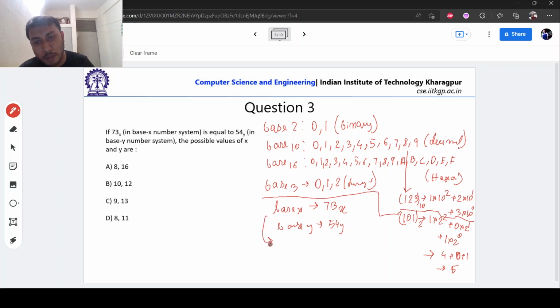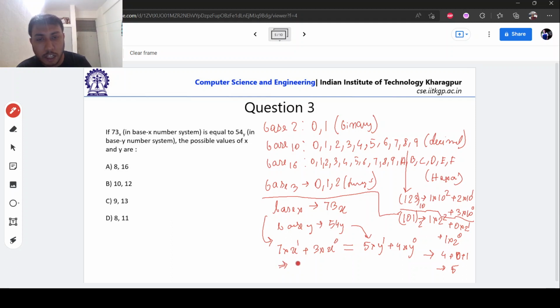The decimal of 73x can be written as 7 into x to the power of 1 plus 3 into x to the power of 0. The other is 5 into y to the power of 1 plus 4 into y to the power of 0. These are the same number, so we can write them as equal.